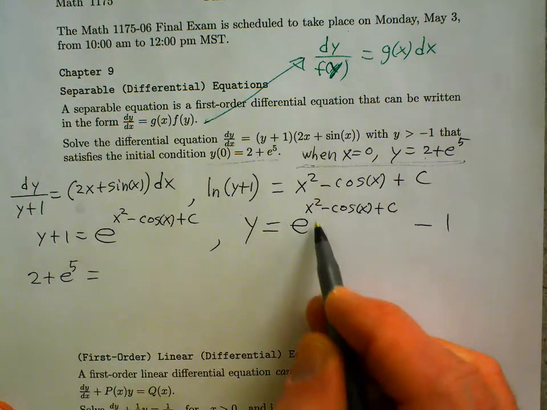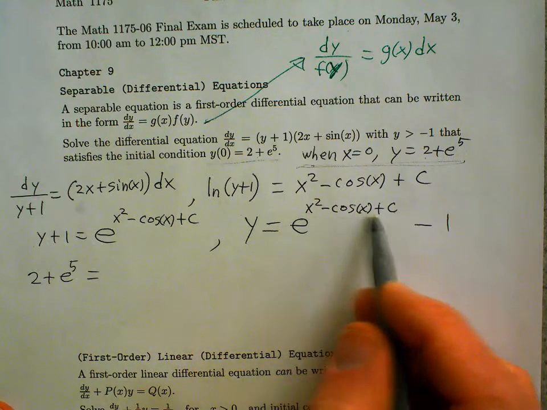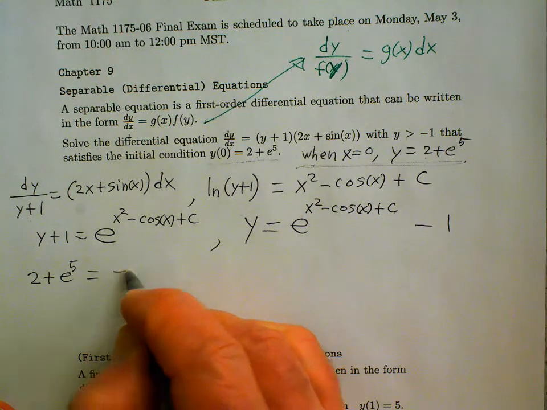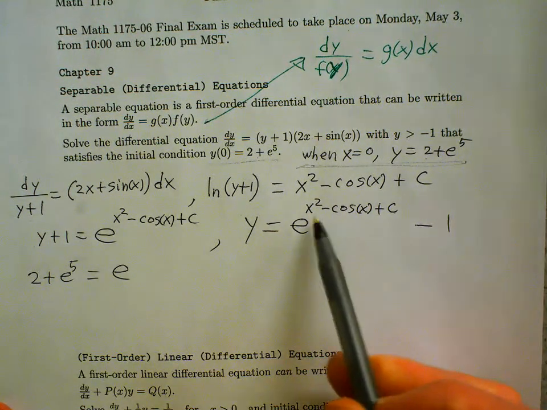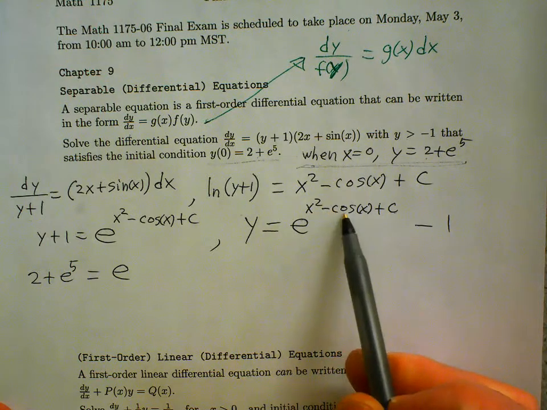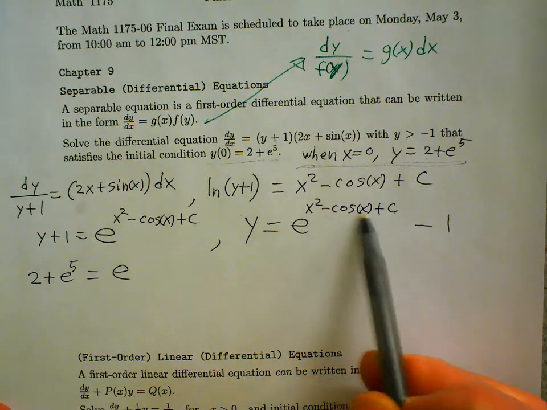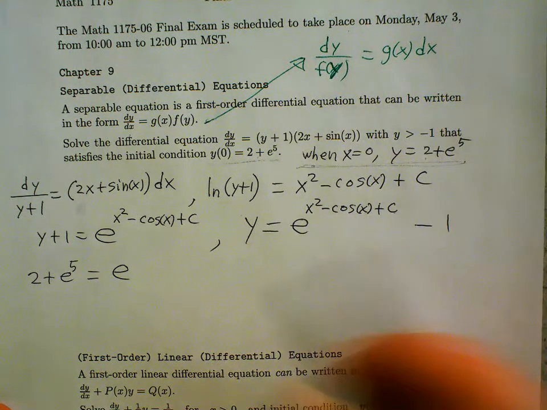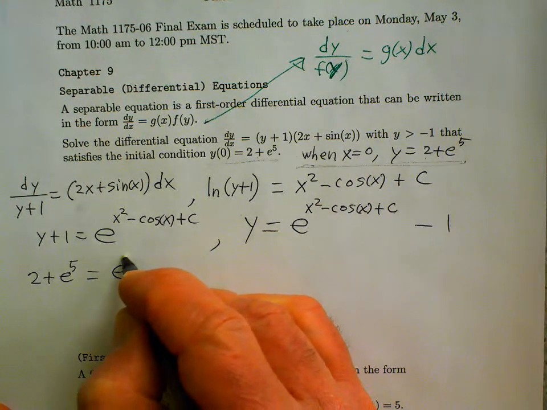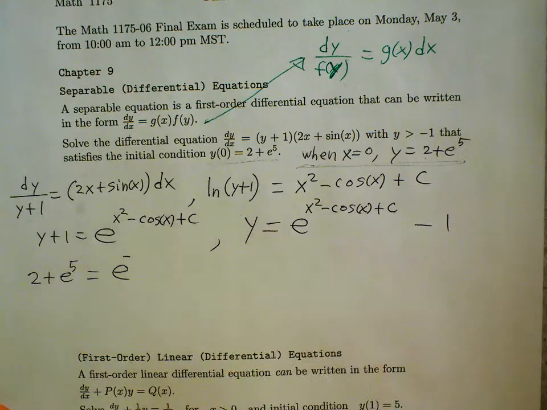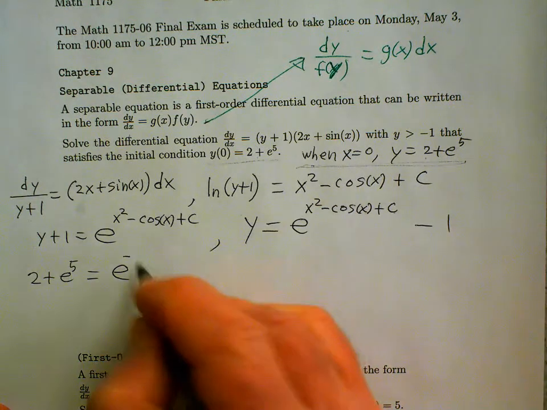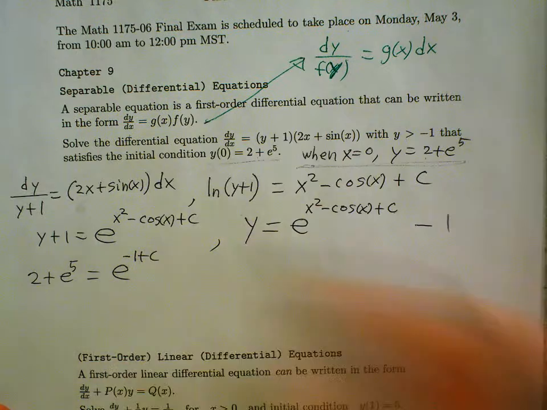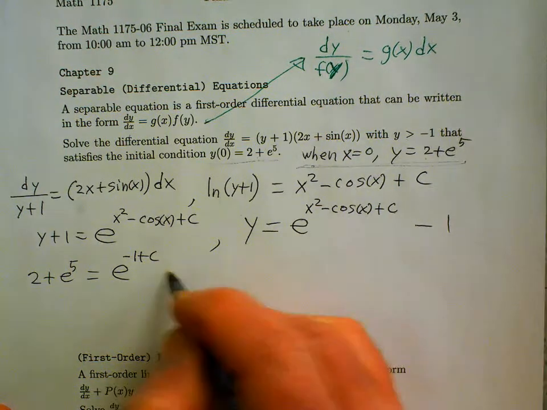And on the right-hand side, replace every x with 0. So we get e to the 0 minus cosine of 0. Well, cosine of 0 is 1, so in the exponent, we get negative 1 plus c. And then don't forget the minus 1.